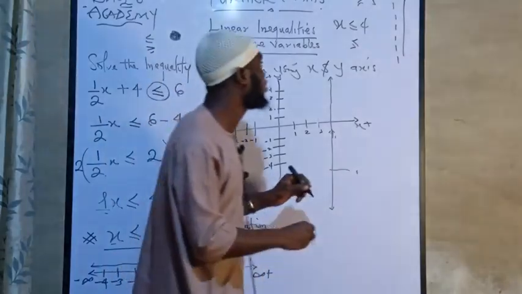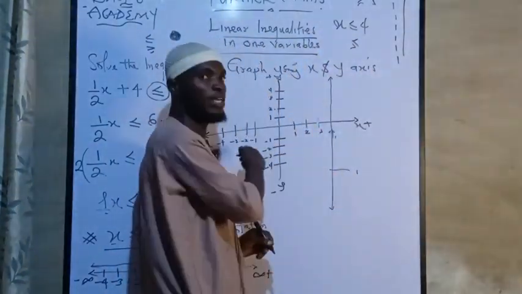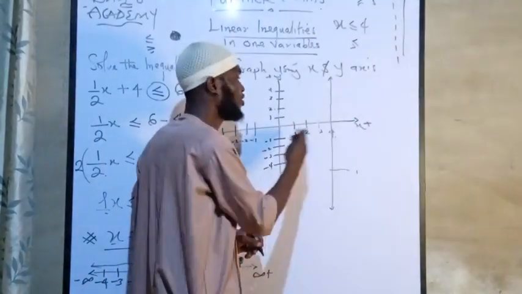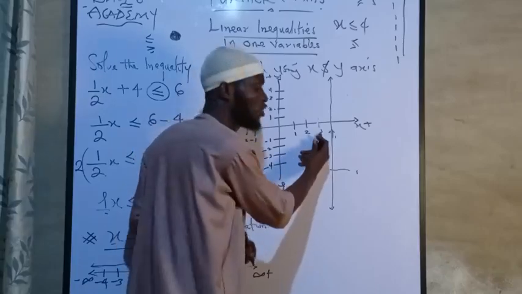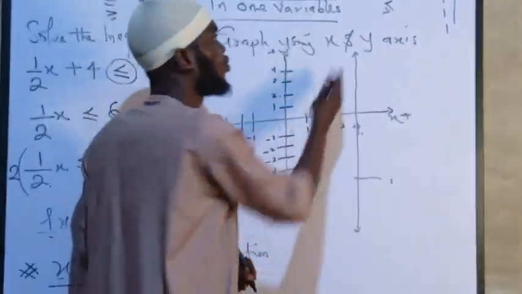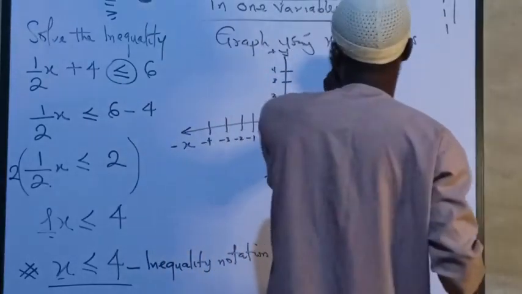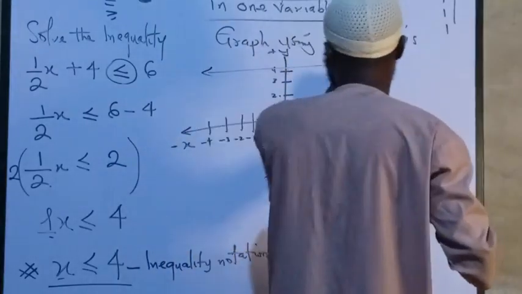Circle. Then the next thing you need, s less than 4. Where is it, to here or to here? Are we together? That means s less than 4, like 3, 2, 1, now to here. So all this side now, they are less than 4, not to this side. Then you come, you shade this one. You come here, you do like this.